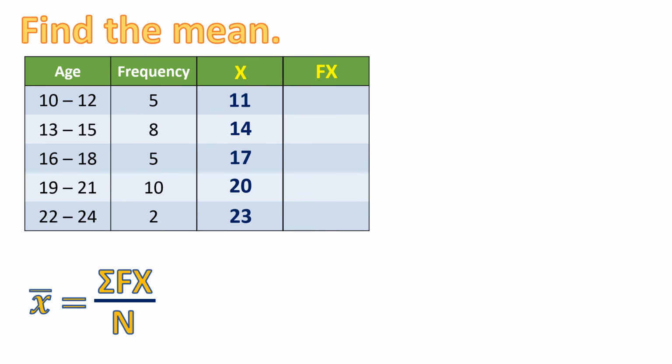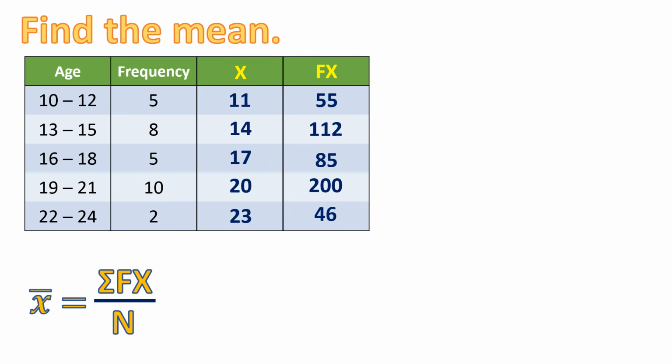So obviously it means we multiply the frequency and the class mark. So it's 5 times 11, 55. 8 times 14, 112. 5 times 17, 85. 10 times 20 is 200, and 2 times 23 is 46.